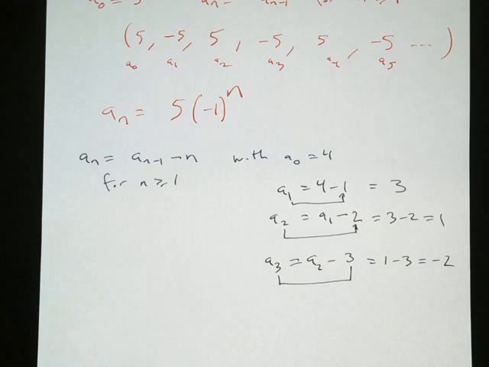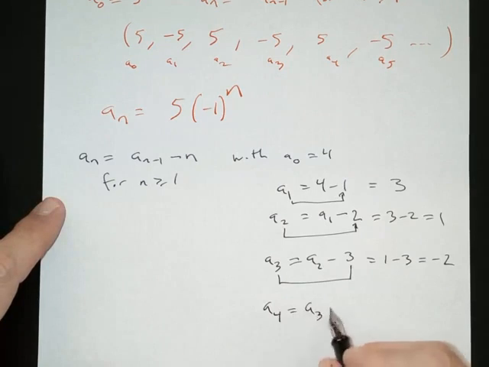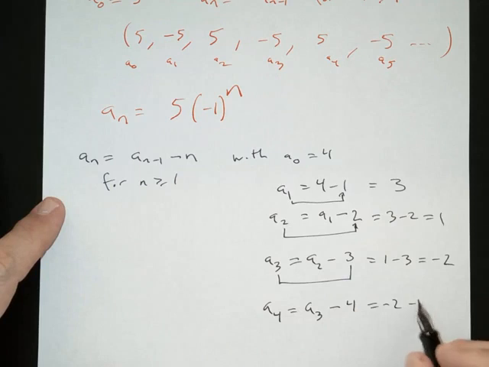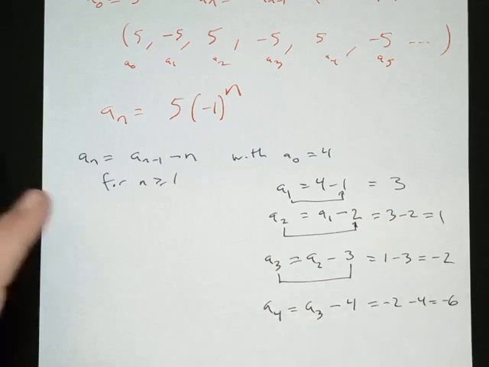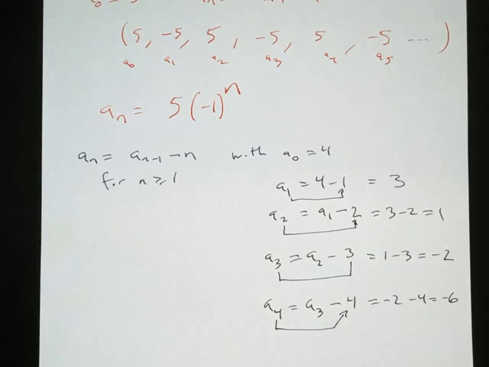That number is going to change every single line, isn't it? A4 is A3 minus 4. Oh boy.